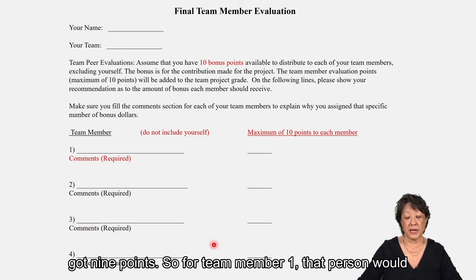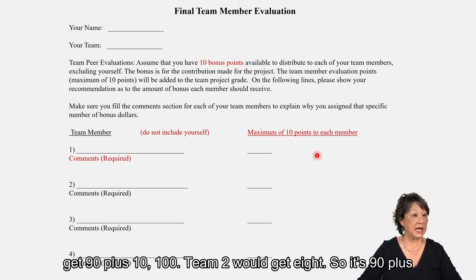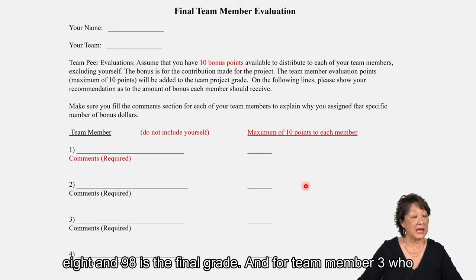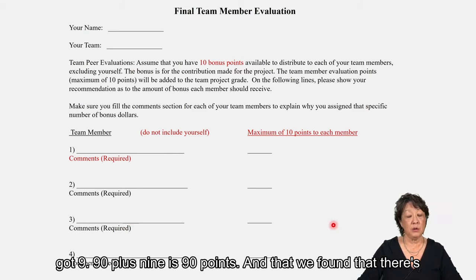Team member 3 got 9 points. So for team member 1, that person would get 90 plus 10, 100. Team member 2 would get 8, so it's 90 plus 8, and 98 is the final grade. And for team member 3, who got 9, 90 plus 9 is 99 points.